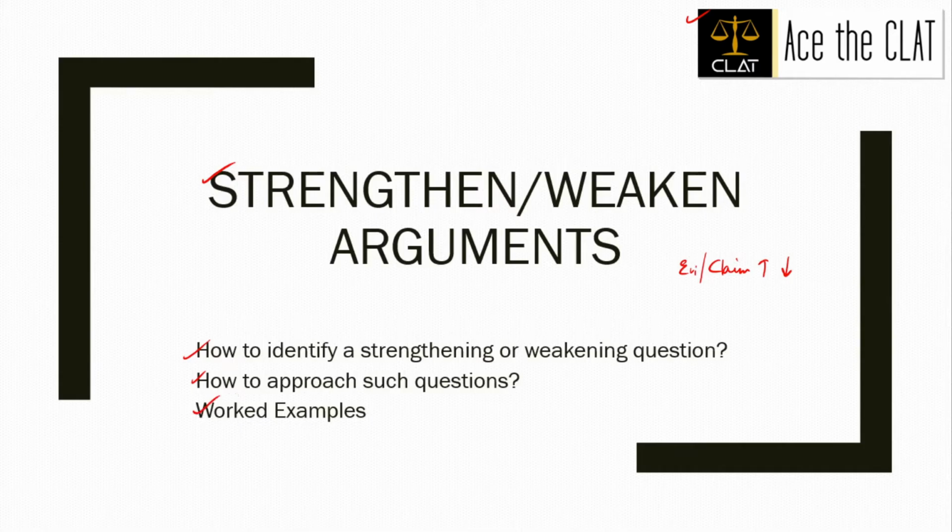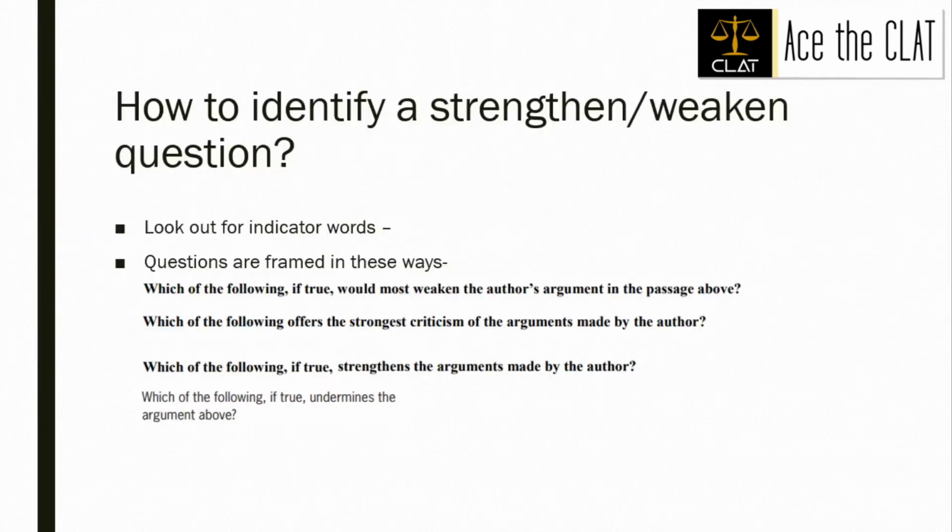Alright, so let us get started with how to identify a strengthening or weakening question. So why is it necessary, guys? Because especially in CLAT, when there are different types of questions, है ना, कोई strengthen पे होता है, कोई weaken पे होता है, कोई inference पे होता है, कोई conclusion पे होता है, assumptions. There are a lot of types of questions.